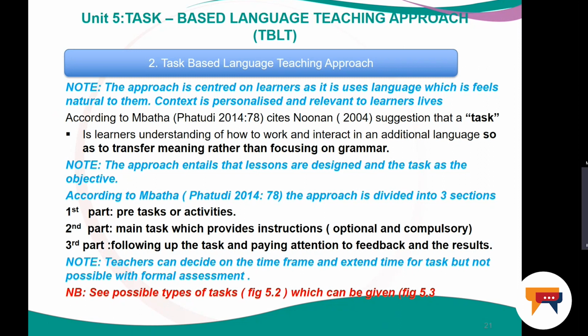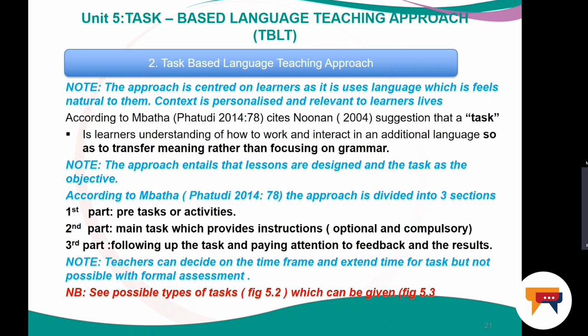But according to different writers, scholars suggest that a task is the learners' understanding of how to work and interact in an additional language, so as to transfer meaning rather than focusing on grammar.